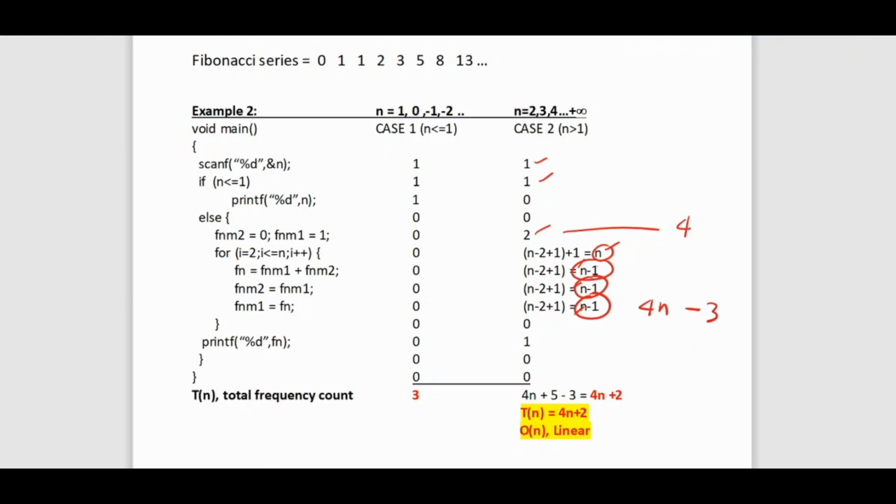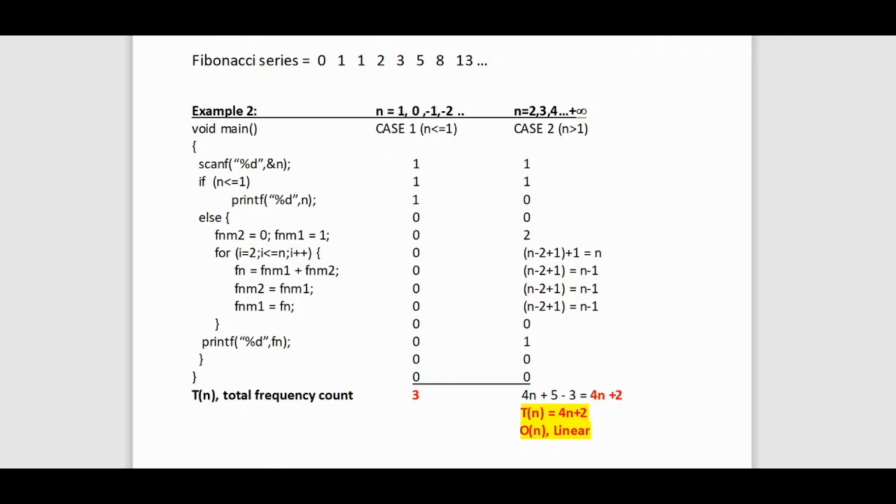And you have here plus 1. So that gives you 4n. This is 4n. And then you have 4 plus 1 is 5. And then the minus 3 is this one. So now you have 4n is this one. And 5 minus 3 is 2. So the total frequency count now is 4n plus 2.